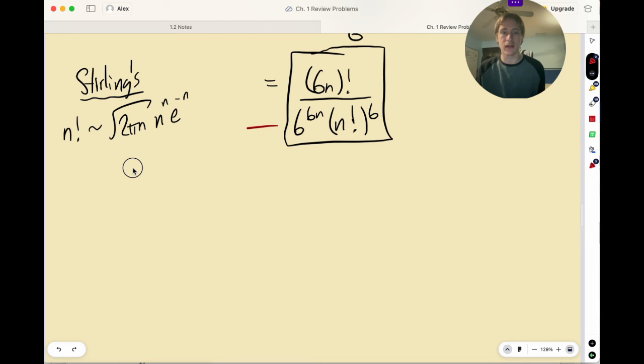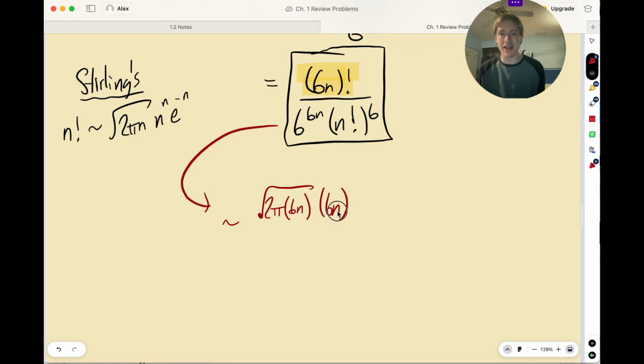So this thing is going to be on the order of... Now, let's go ahead and take care of this 6n factorial term. That is going to be the square root of 2 pi 6n, n to the n, or in this case 6n to the 6n, e to the minus 6n. So that was this term that I'm going to highlight.